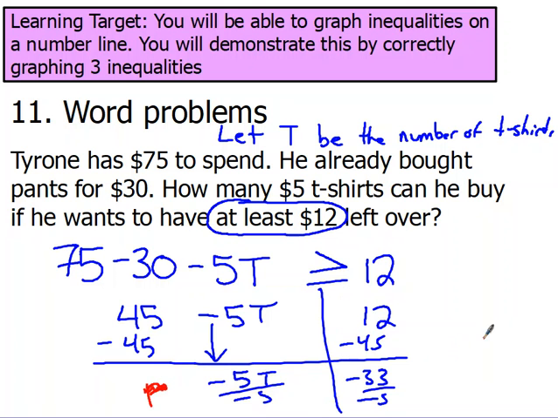Flip this around, so t is less than or equal to 33 divided by 5, which is 6.6. Okay, that would be the answer to it. But now if I was to say something to Tyrone, what would I tell him? He can buy 6 shirts or less.